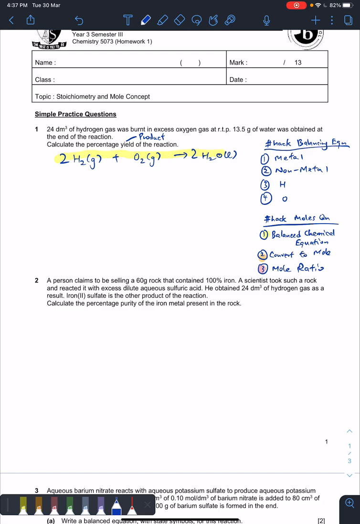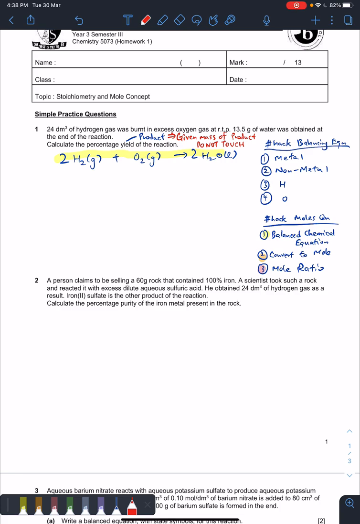So an extra thing that I'm telling you now is this. That means the given mass of product given in the question, do not touch, or rather do not convert.